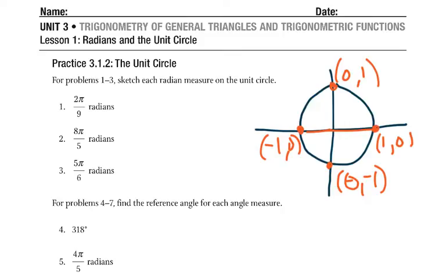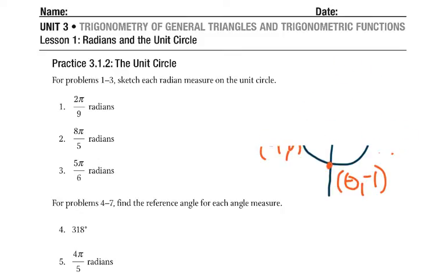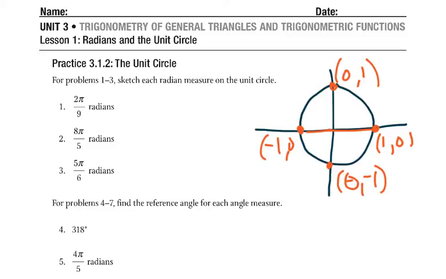Now, when we're talking about the radian measure on the unit circle, here's the best way to do it, because when they give it to us in radians, I think most of us are pretty good at saying, okay, that's going to be 90 degrees, that's going to be 180, halfway around, that'll be 270, that'll be 360.